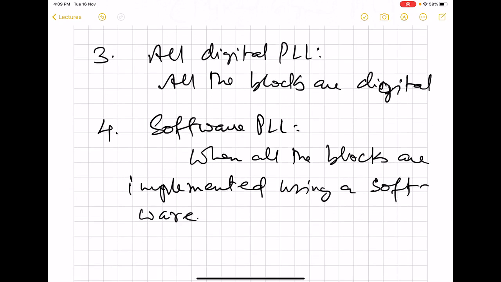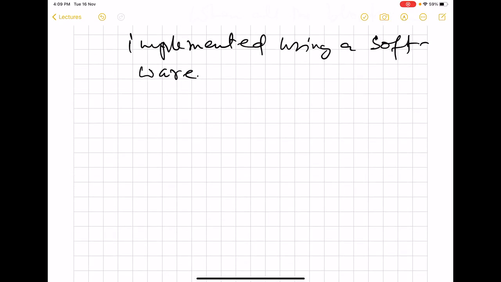So what we will study in this course is mostly digital PLL or even all digital PLL. But here we are going to focus more on the phase detector part.